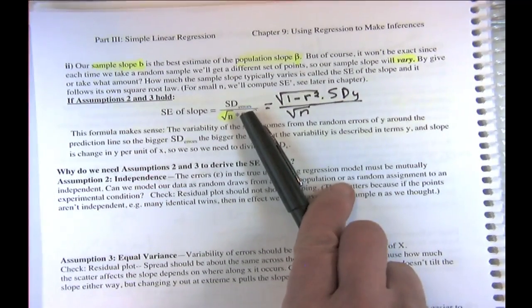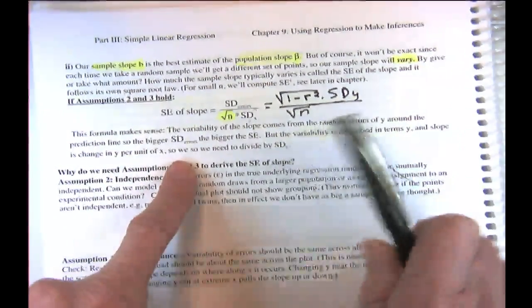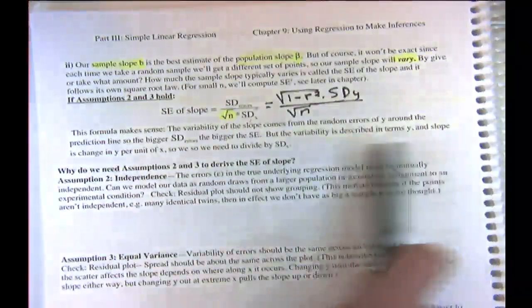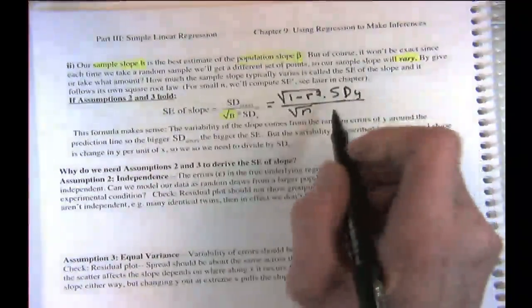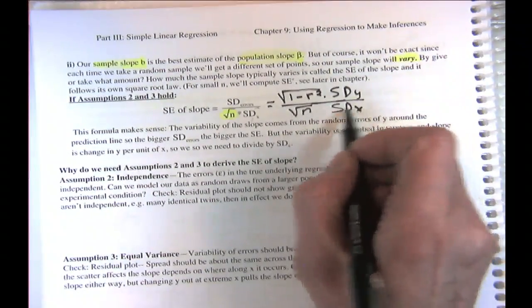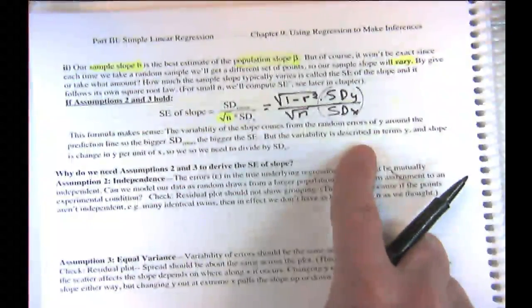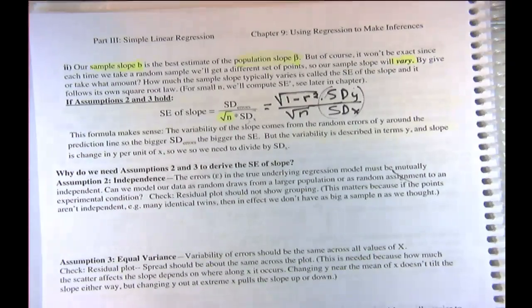And that doesn't make sense for a slope, because the variability would just be described in terms of y, right? And slope is change in y per unit of x. So SDY over SDX, that part is there because we're talking about a slope. Does this make sense as a way to remember it?